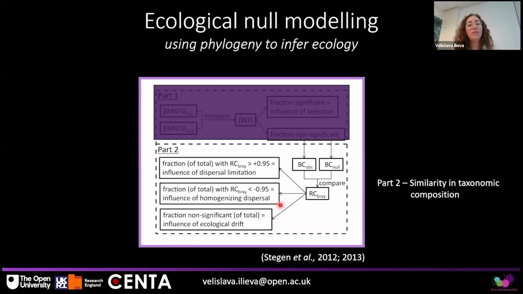If two communities have more species in common than expected by chance, then they are affected by homogenizing dispersal, which means that the two communities can exchange species. And finally, for those that fall within the distribution for this metric, and are not more closely related or less, they are under the influence of ecological drift that Michael introduced earlier, where we had random life and death events.